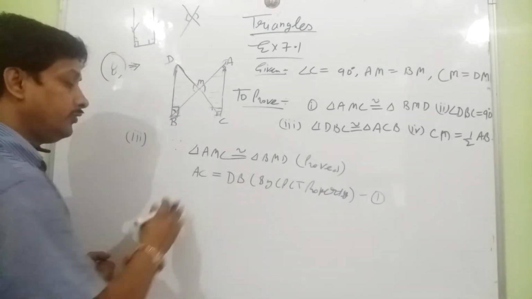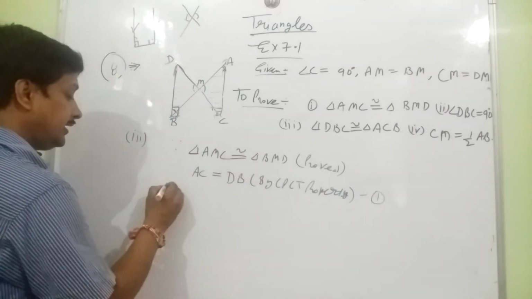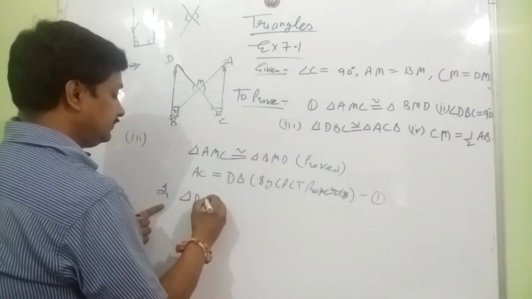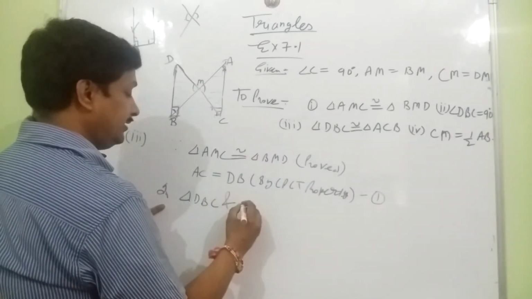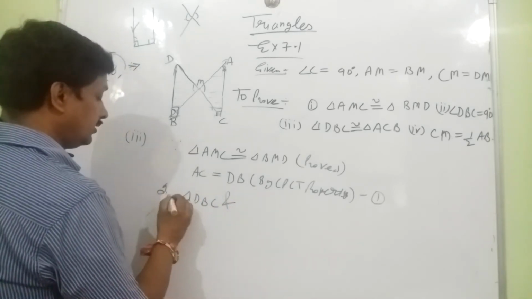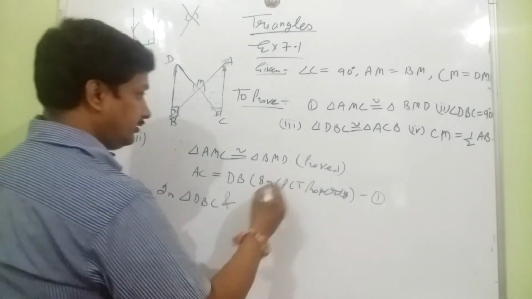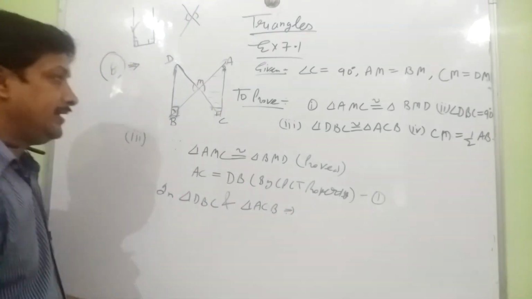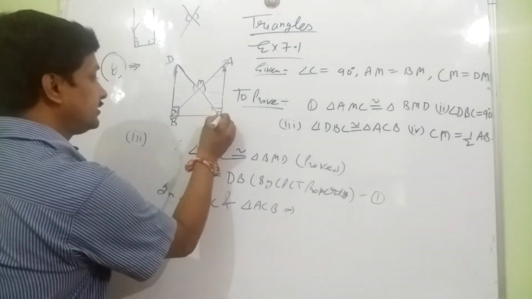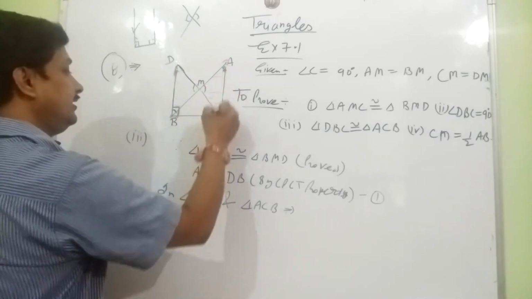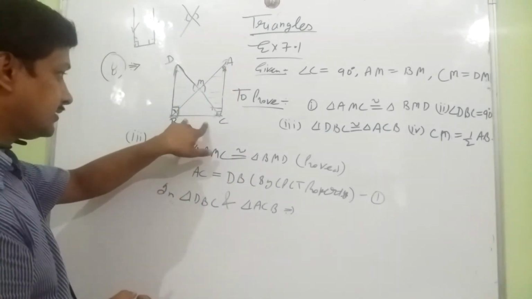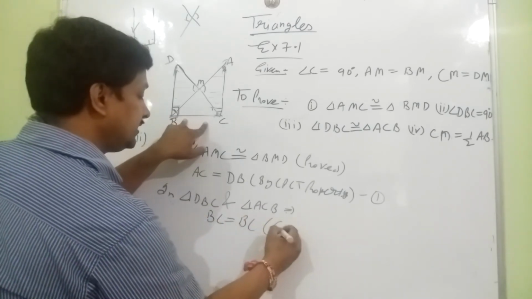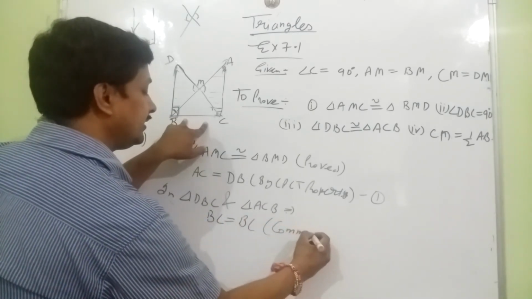Why are we proving this equal? You can understand now. We will now prove this triangle DBC, and second triangle is triangle ACB. So let us take them, and now you have all the three things in triangle DBC and triangle ABC. So first thing is BC equal to BC, common. BC is in both the triangles.